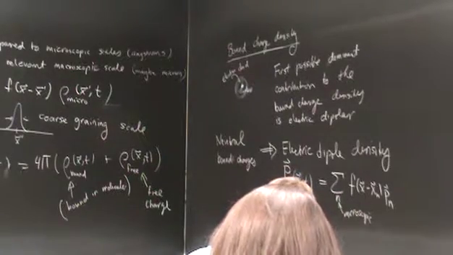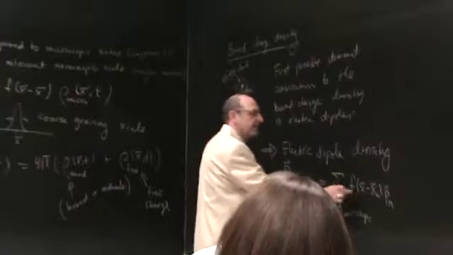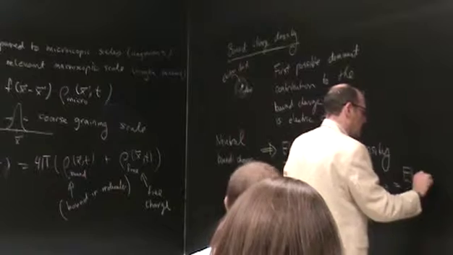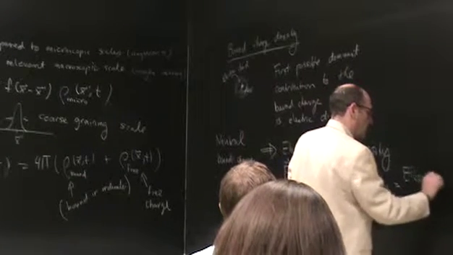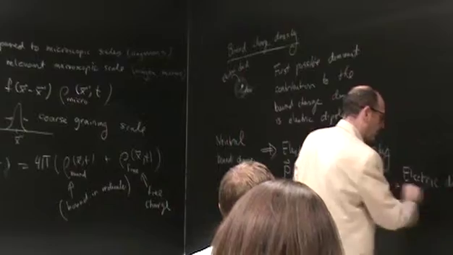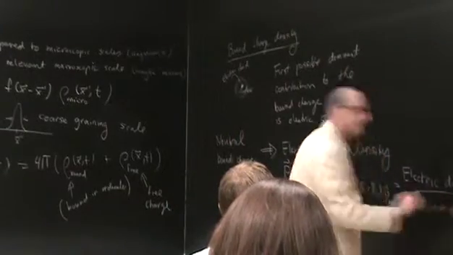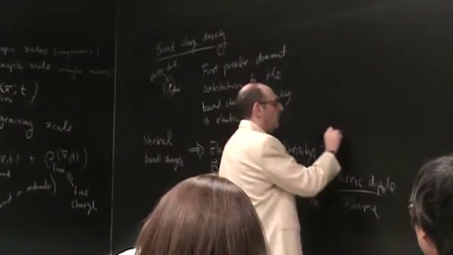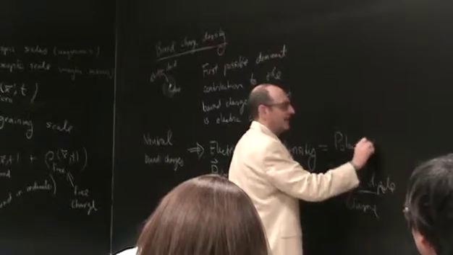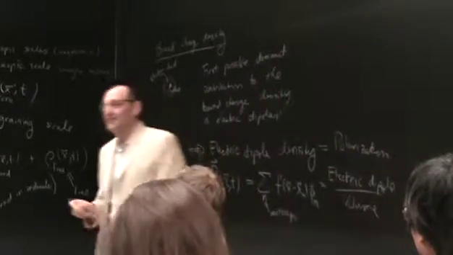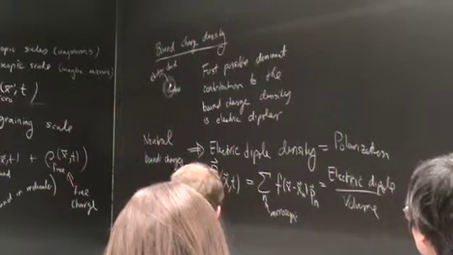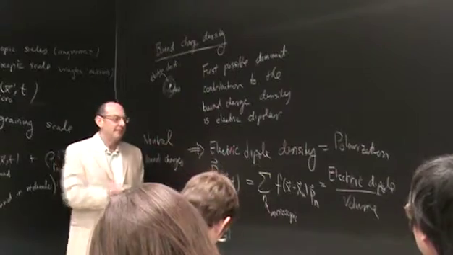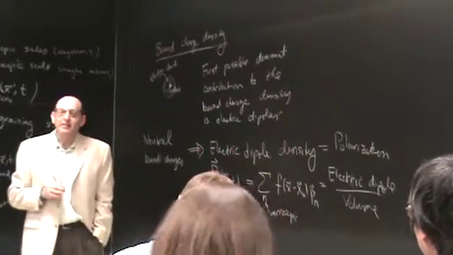Remember, this coarse-graining function is a density, so this has the units of electric dipole per unit volume. It's given a very confusing name: it's also called the polarization. It has nothing to do with the polarization of a wave. It's called the polarization for reasons I will explain a bit later. That's why it's called P. It's capital P.